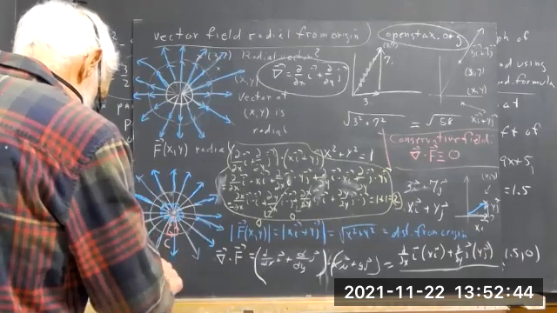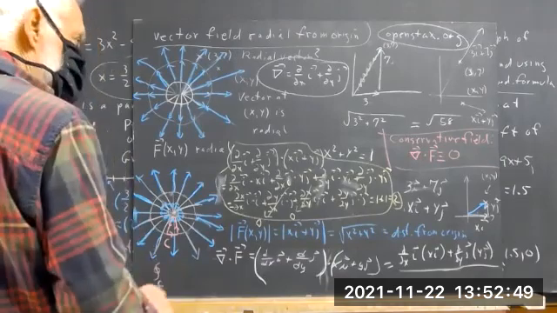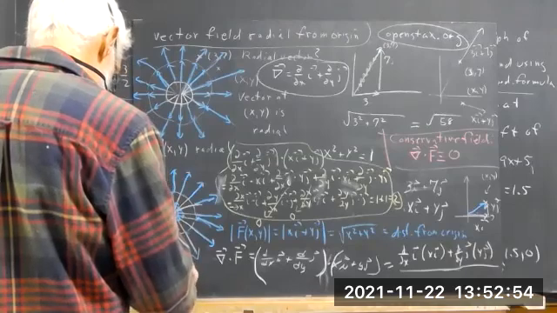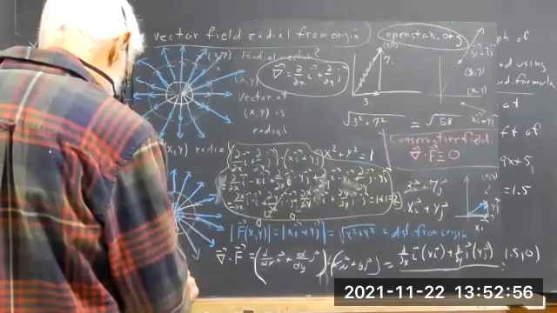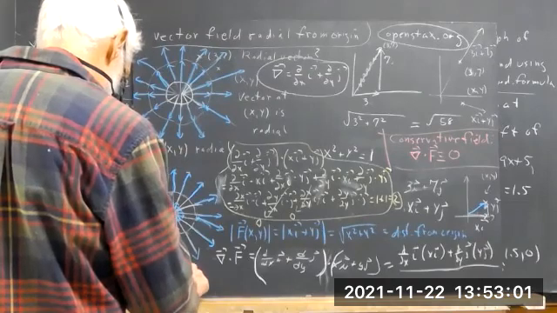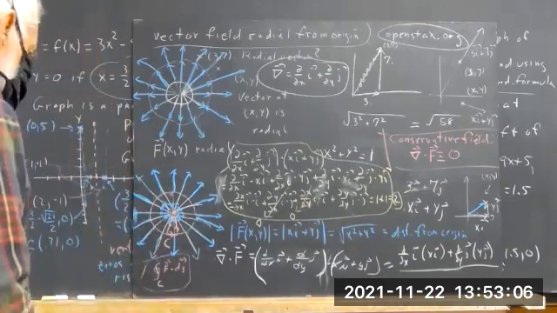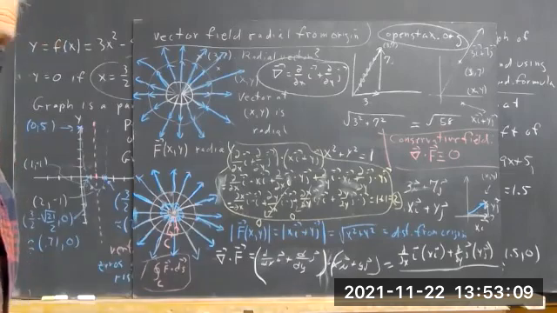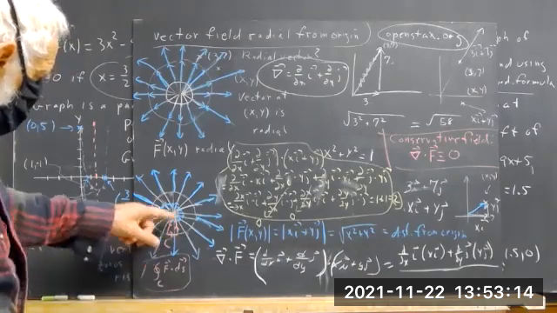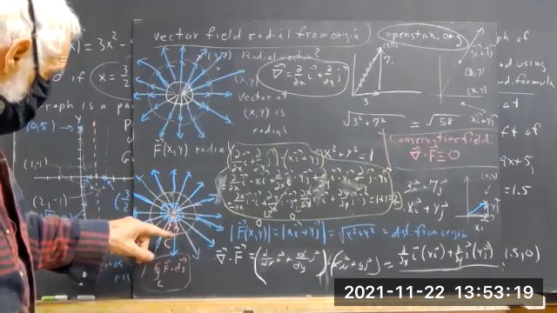Here's your curve C. There's the integral over C of F dot dx. Well, first of all, on this surface the field is radial, so it's always perpendicular here and here.